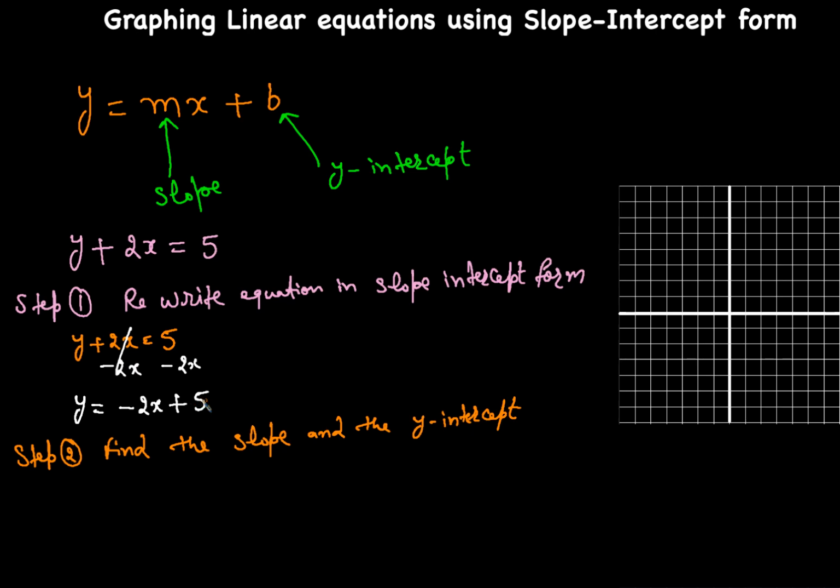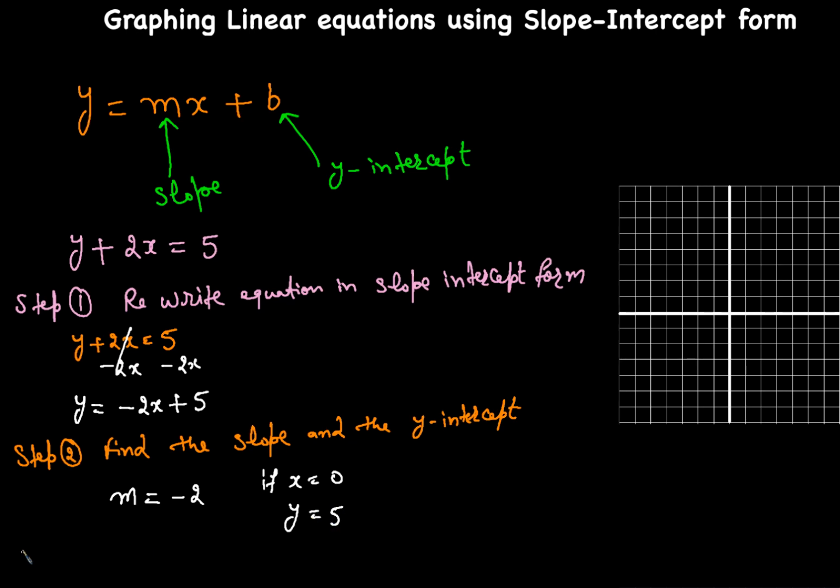If we compare this equation with our slope intercept equation over here, that tells me m, the slope, is equal to negative 2. And if we are looking for the y-intercept, that means we need to plug in x is equal to 0 in this equation. So if we plug in x is equal to 0 here, that gives me y is equal to 5.